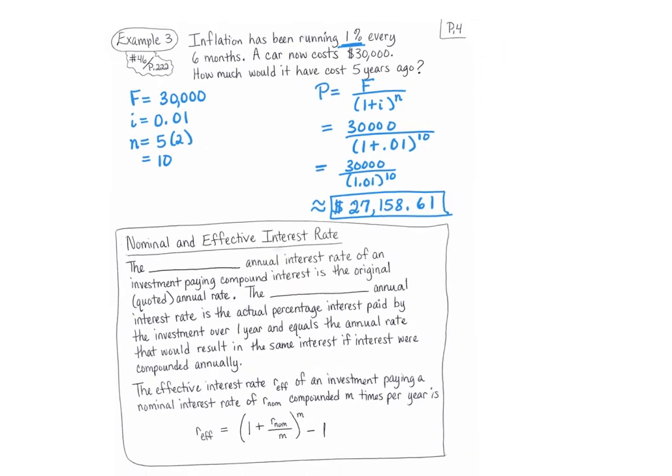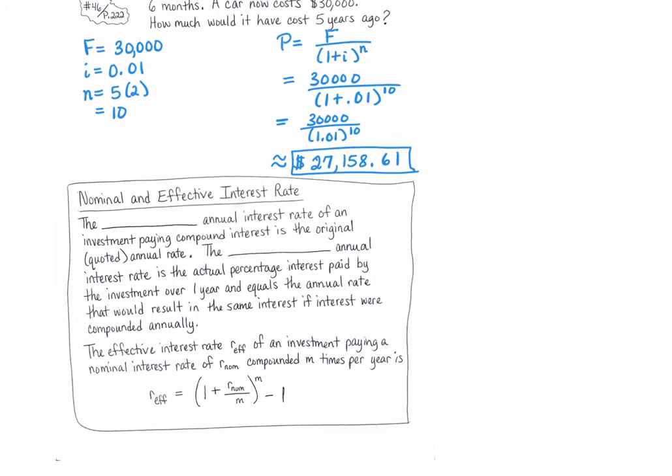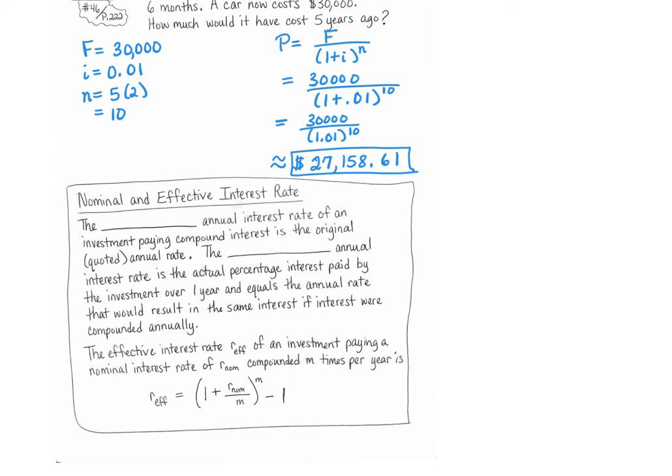Now let's talk about one last concept in this section and then we'll do an example. And that will be section 3.2. Let's talk about nominal and effective interest rate. The nominal annual interest rate of an investment paying compound interest is the original or your quoted annual rate.